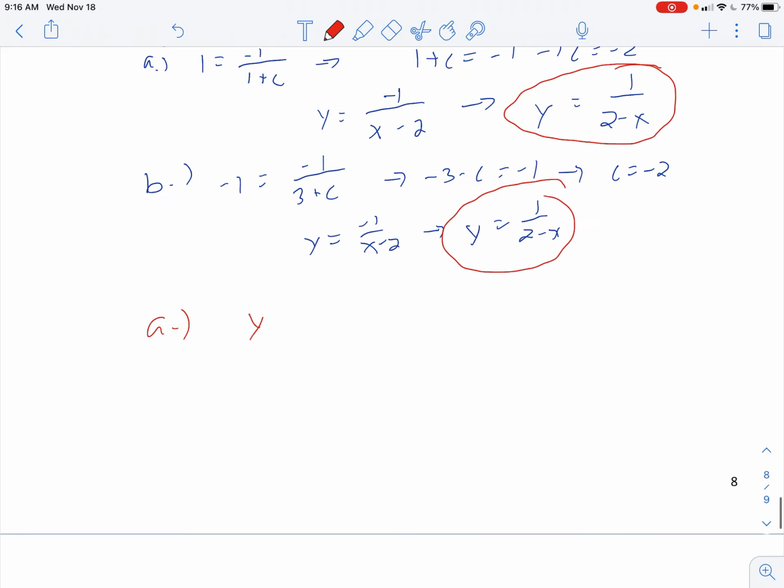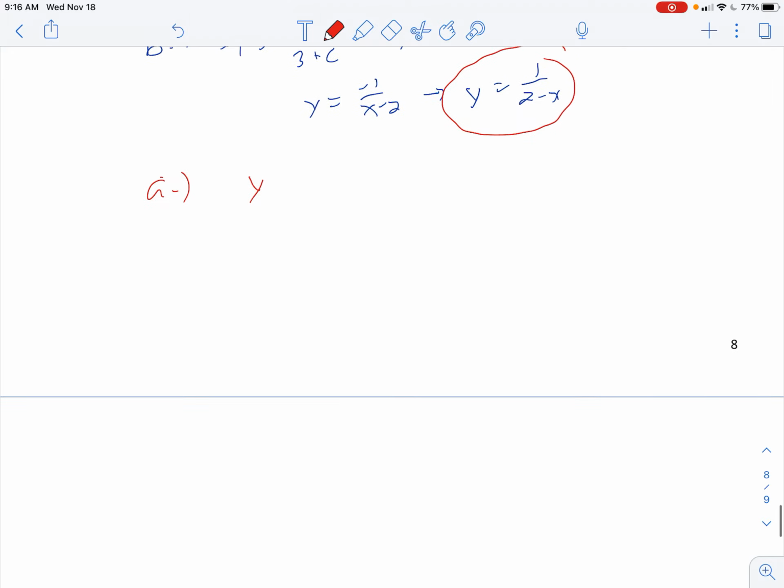The domain for y equals 1 over 2 minus x is going to be from negative infinity to 2 and from 2 to infinity.